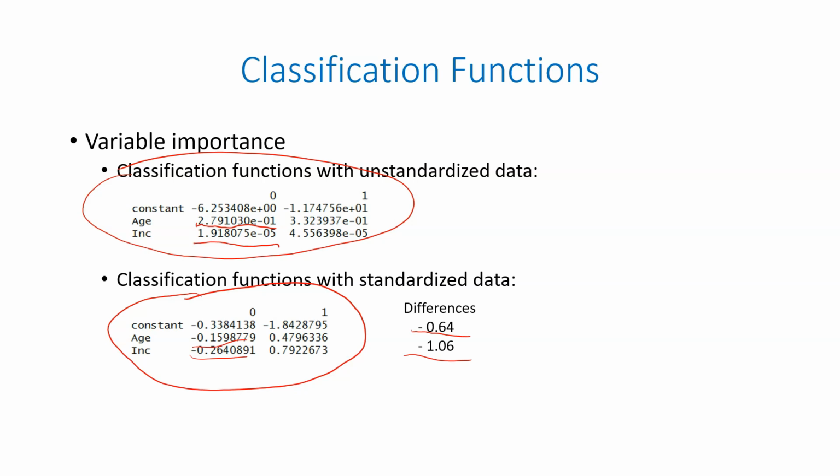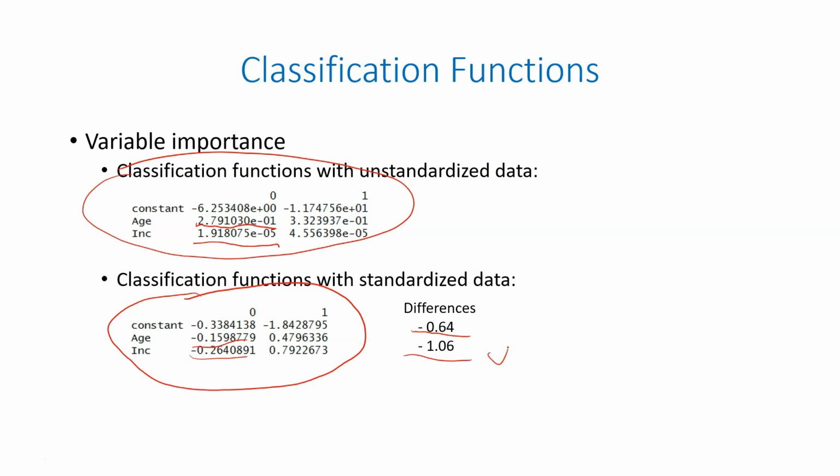As the difference with the larger absolute value means higher importance, we conclude that income has a more pronounced impact on determining the class the observation belongs to. This shows that income better separates the classes compared to age. If you can only choose one of the predictors in this case, you probably should go with income.